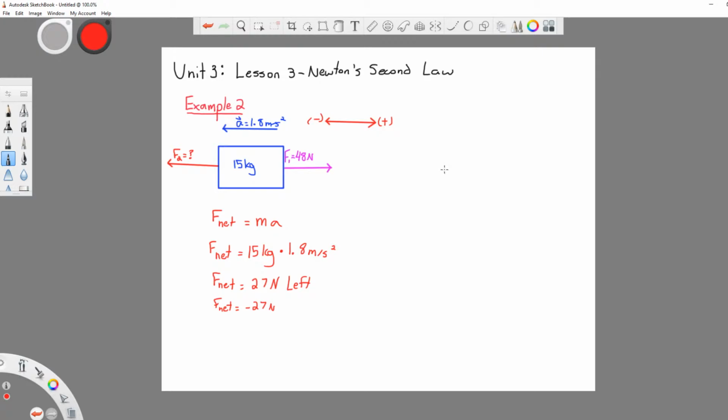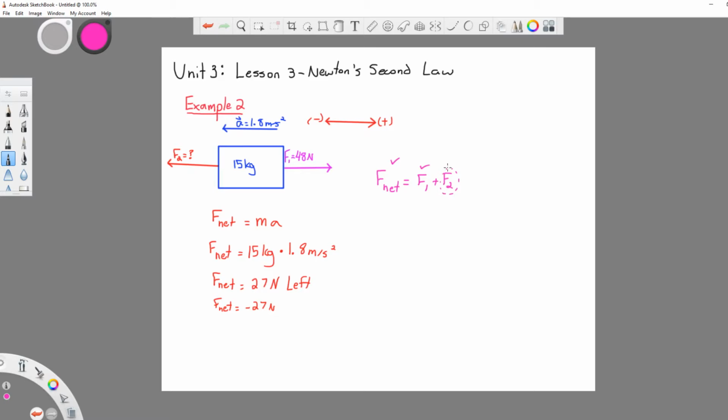The next step, we're still going to use our F net formula, but we're going to use the other older one that we've been using for a while now. So maybe let's switch our colors up here. Go into magenta. And we'll say that F net, right, what we just solved, is equal to the sum of the forces. So it's equal to force 1 plus force 2. Well, we have this value. We just solved it. We have this value. It's given to us.